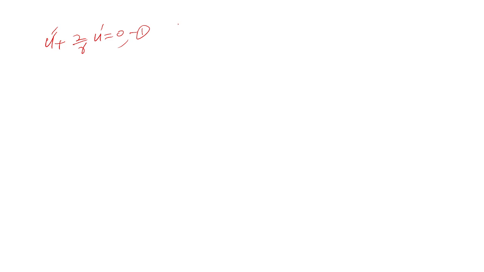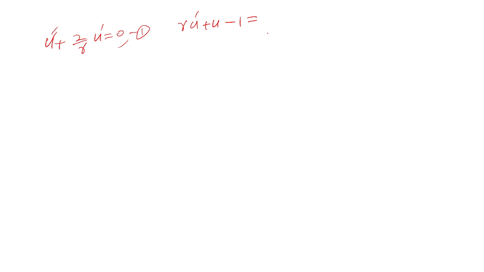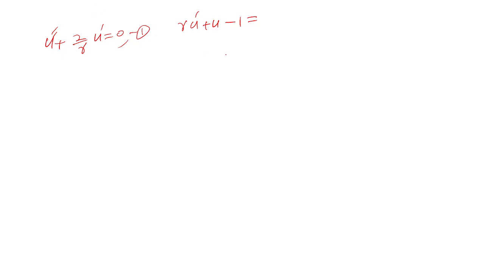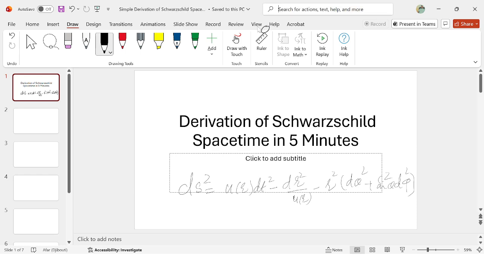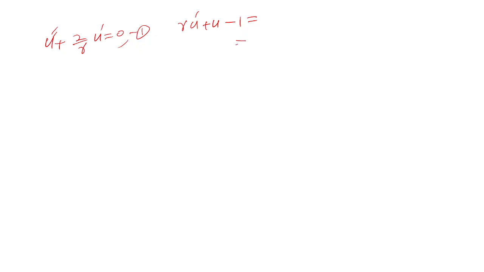The second equation is r u dash plus u minus 1 equal to 0. So we have these two equations.